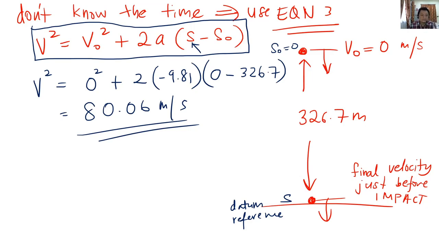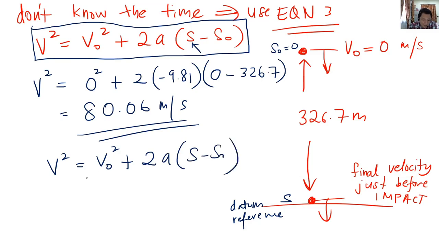Okay. This equation has been simplified: V squared is equal to V naught squared plus 2A times S minus S naught. You might wonder why this is 0. It's easier to take the datum reference as 0, so the ground is 0.